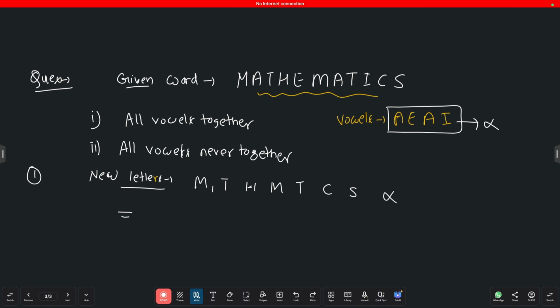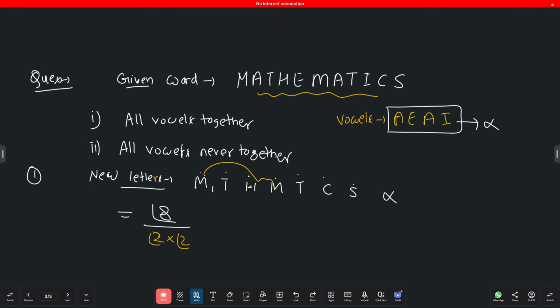Then the total number of permutations. Whenever I put alpha, it means the first condition is satisfied: all vowels together. So here, see how many in total: 1, 2, 3, 4, 5, 6, 7, 8. So 8 factorial, but there is a repetition. You can see M twice, so divided by 2 factorial, and T 2 times, so divided by 2 factorial.